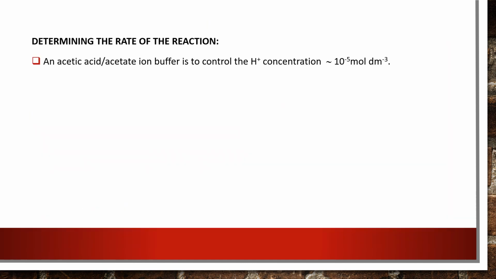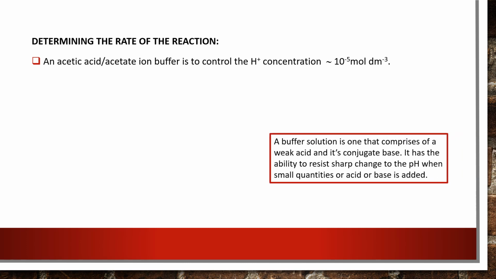In determining the rate of this reaction, an acetic acid acetate ion buffer is used to control the concentration of the H+ ion. A buffer is a solution that comprises a weak acid and its conjugate base. It has the unique ability of resisting sharp changes to the pH upon addition of small quantities of acid or base.